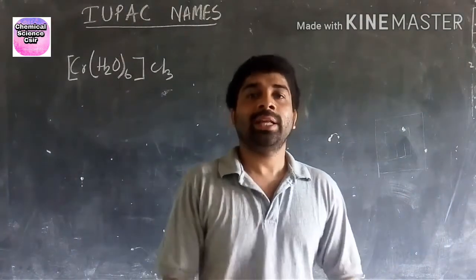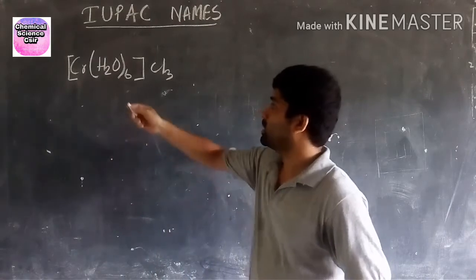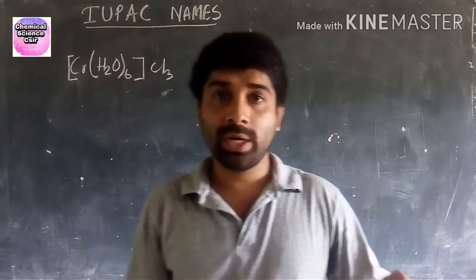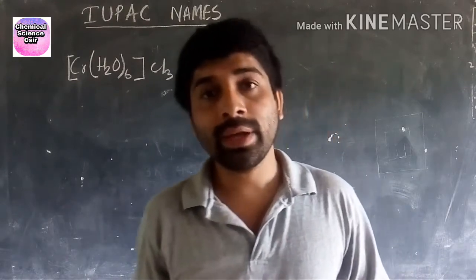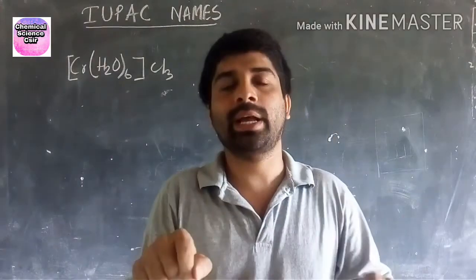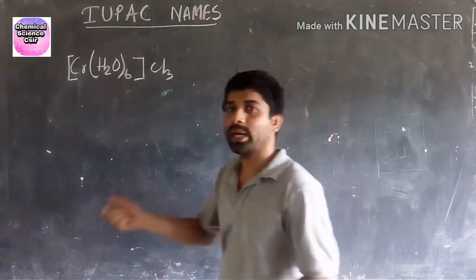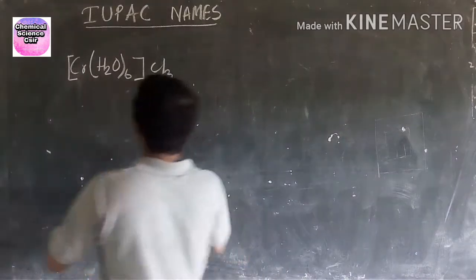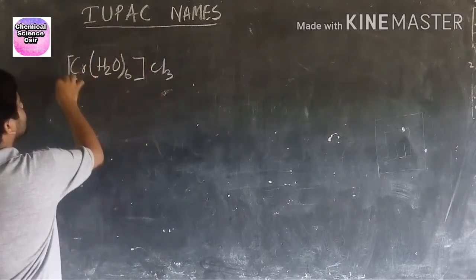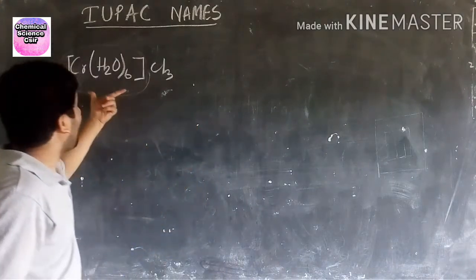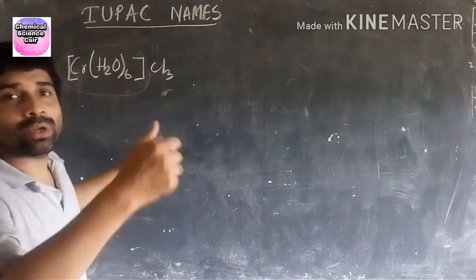Now I'll discuss another one, a very easy one. The previous one was a simple cation and complex anion. Now this is a complex cation and simple anion. Why is this a complex cation?